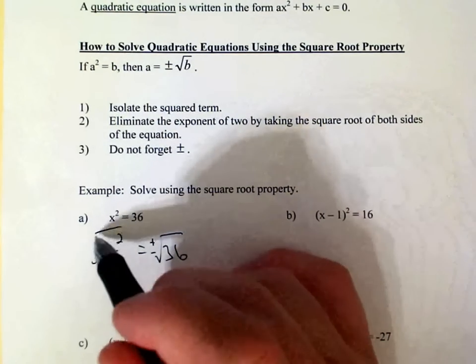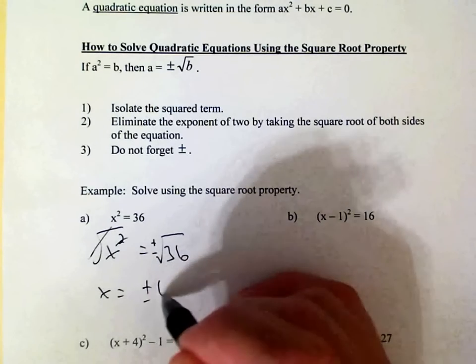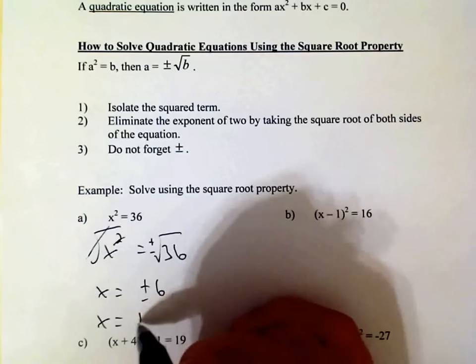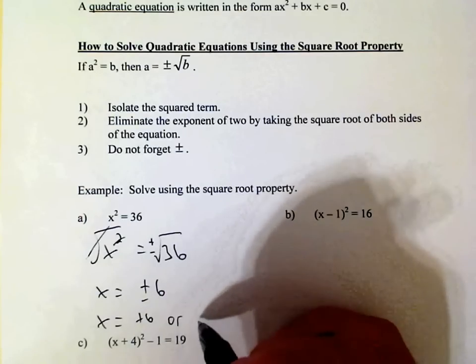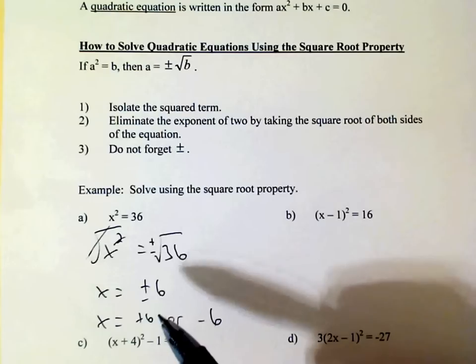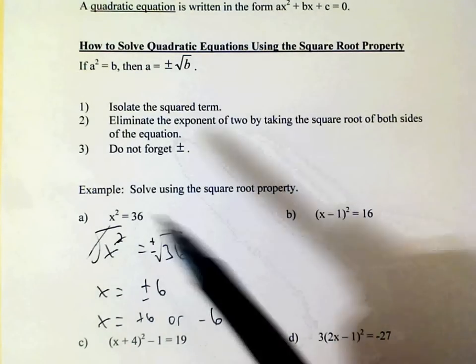So the square root and the square cancel one another and it leaves x equals plus or minus 6. If you want to write that out, it's also the same as x equals positive 6 or negative 6. That's what that means. And we're done. Because if you check it, 6 squared is 36, and if you square a negative 6, you also get a positive 36.